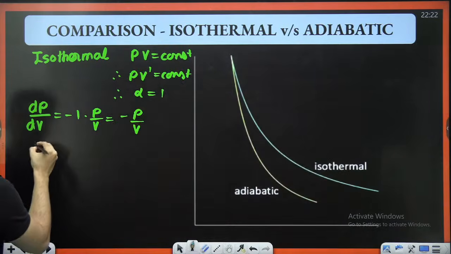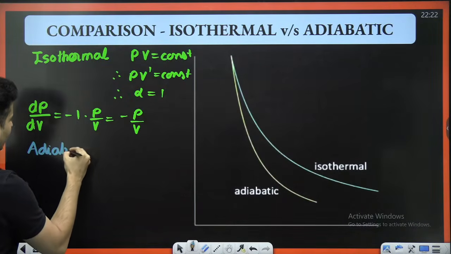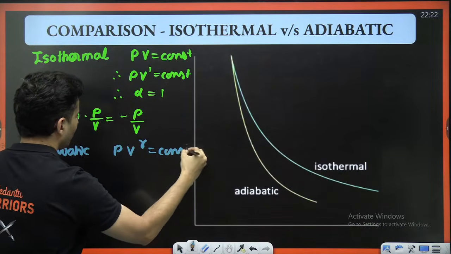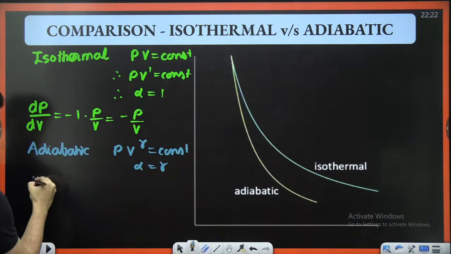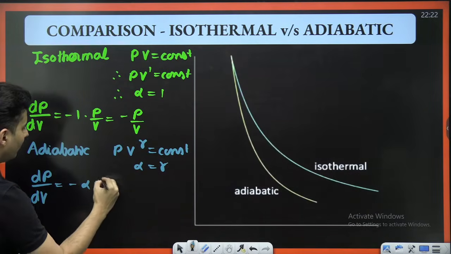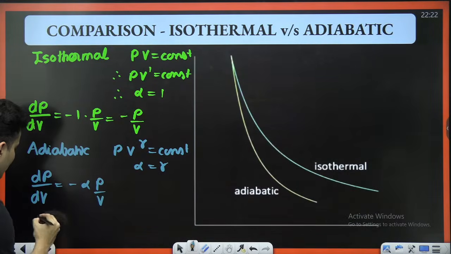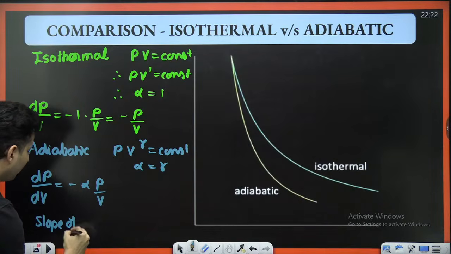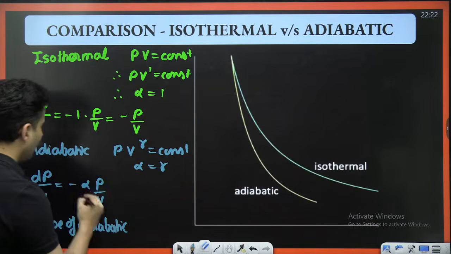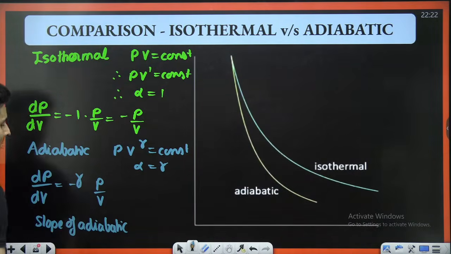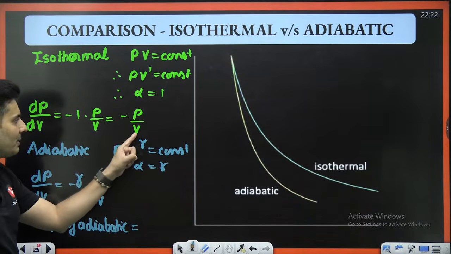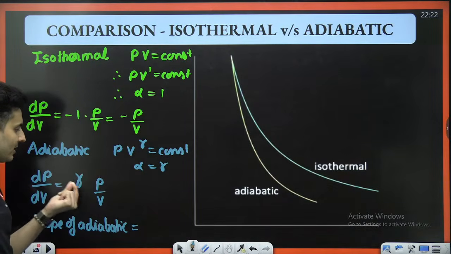Now, if you look at adiabatic, PV raised to gamma is a constant. That means alpha is gamma. So the slope dP by dV will be minus alpha P by V. Oh, that means the slope of adiabatic, this alpha is nothing but your gamma, is nothing but minus P by V. Same thing is there here, only one extra gamma is there.